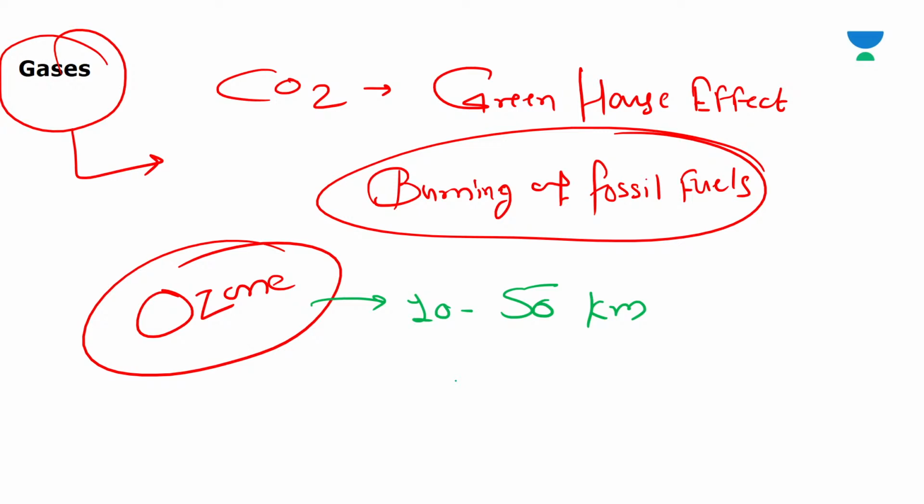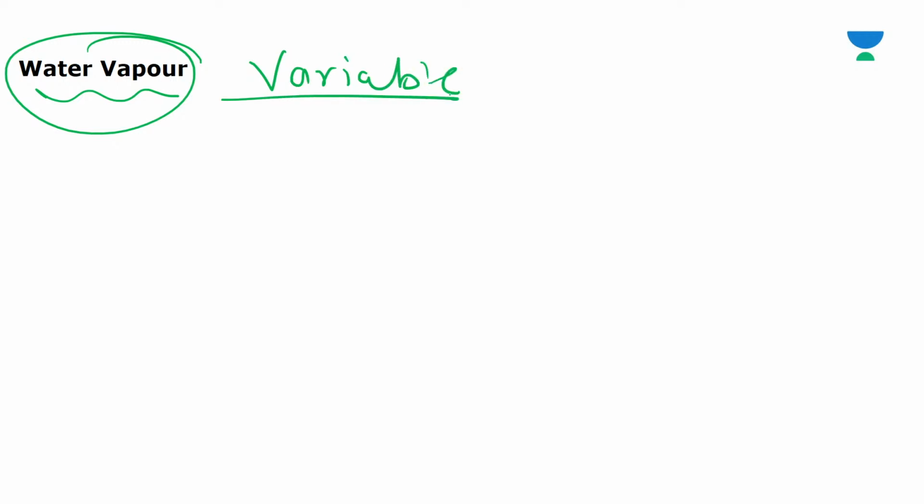Now then, water vapor. So water vapor is also a variable gas in the atmosphere which decreases with altitude.